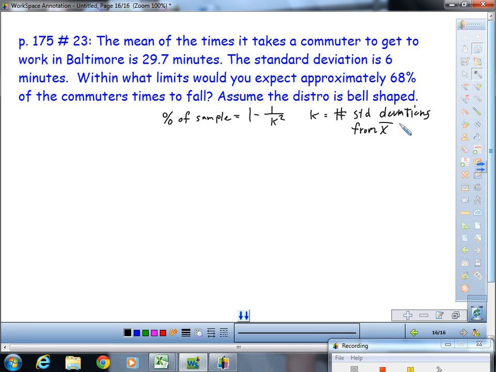So we're going to start by figuring out how many standard deviations from the mean 68% of the data falls in.